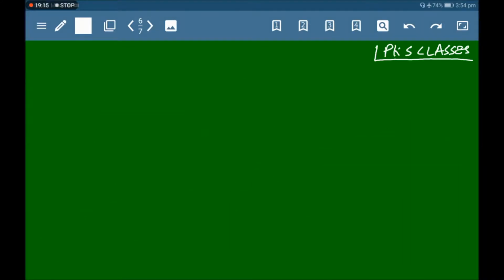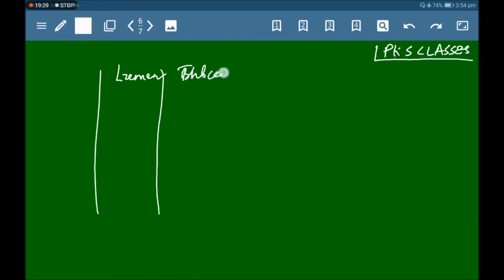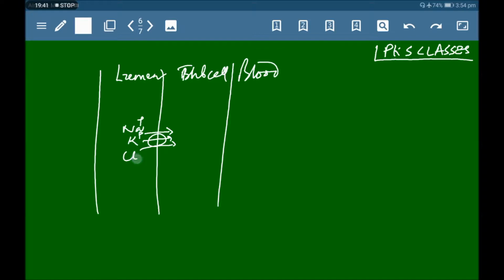Similarly, in the loop of Henle, suppose this is your lumen, let us draw a diagram like this, and this is your tubular cell, then we have the blood. Here we have the mechanism of sodium, potassium and 2 chloride.